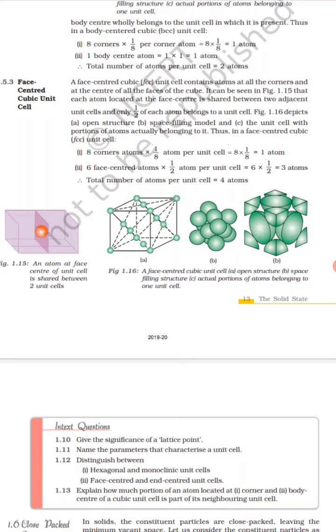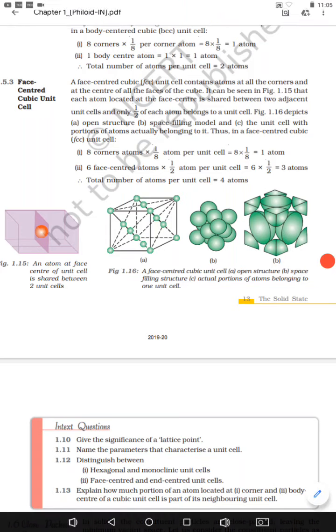A particle at the face contributes 1 by 2. So the total contribution of particles or the atoms present at the faces will be 6 into 1 by 2, that is equal to 3. So the total number of atoms per unit cell will be 4: 3 from the face centers and 1 from the vertices.